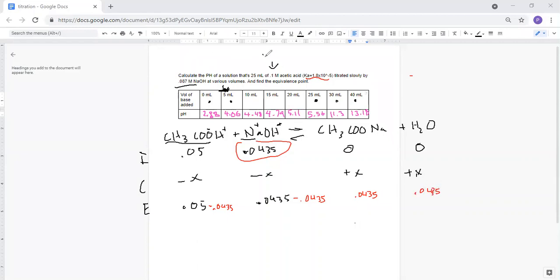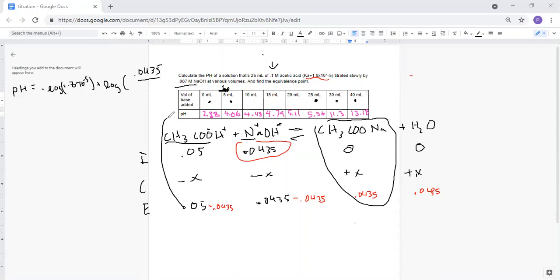So now we can finally use the Henderson equation, our buffer equation. So we have pH equals the negative log of our Ka, which is 1.8 times 10 to the negative 5, plus the log of our conjugate base, which is our basic salt, 0.0435 over our acid.